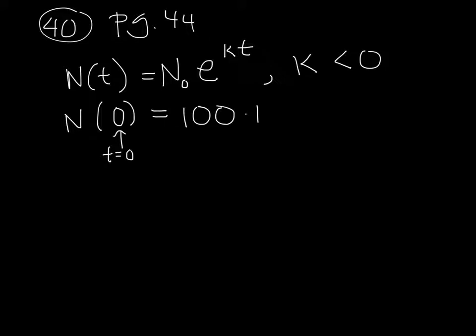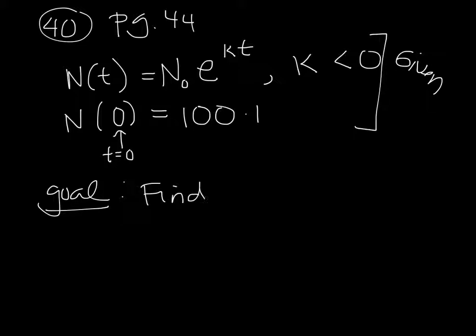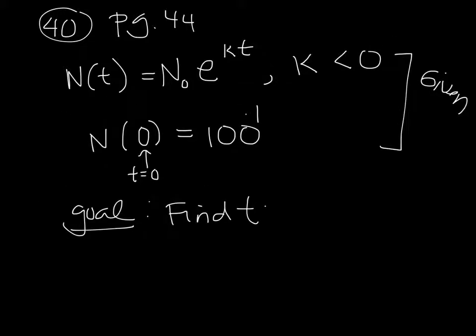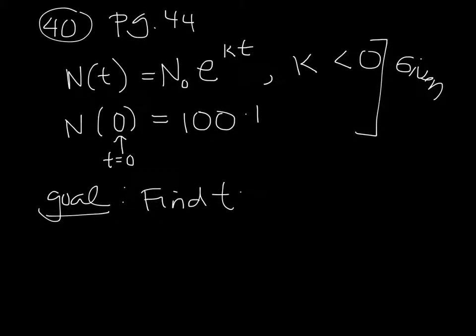Now remember what the problem is asking. It's asking, how long will it be until the region is again habitable? So again, we're given lots of information. This is our given. But what's our goal? Our goal is to find t. How long? So we have our given and we have our goal. And I think we actually do have another piece of given information, which I forgot to write.